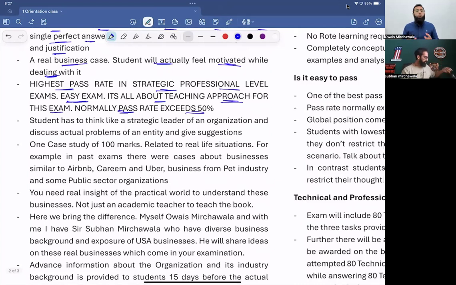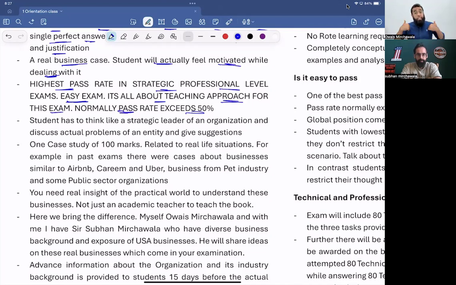Basically, when you talk about this exam, I would say, a very famous example: if you give someone a fish, you feed him for a day. If you teach him how to fish, you feed him forever. This SBL exam is like that. We don't have to give you that fish because in the examination, it will be something new. Maybe a fish, maybe a vegetable, maybe a fruit or something else.